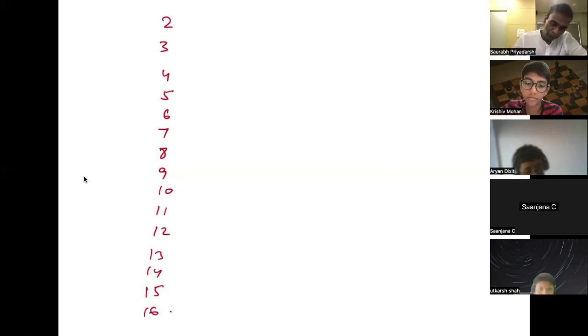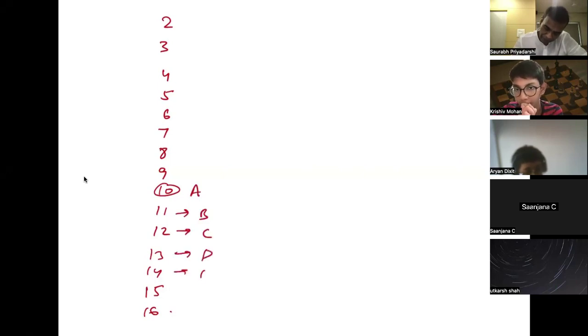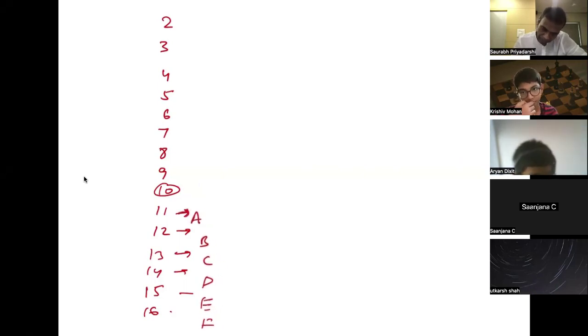So for every digit greater than 9, after 10, I have to take A, B, C, D, E, F, right? So accordingly, the numbers go with the bases.